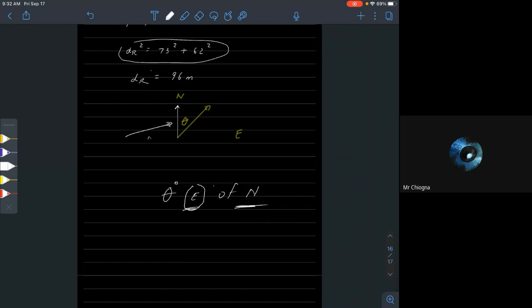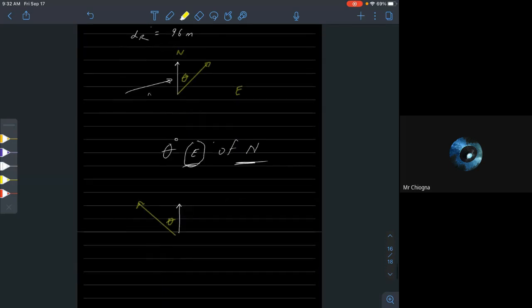Let's just look at a couple of other examples. So let's say that's our resultant here. Let's say this is our angle here. How would you define that? Let's see if you can get it. Don't tell me. Let's write it down. Something of something. Always mention two directions.